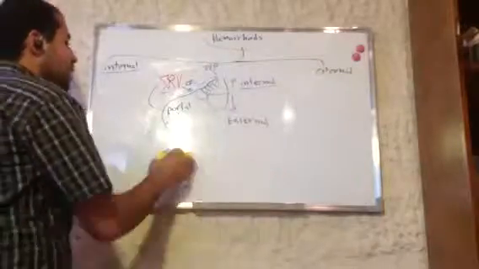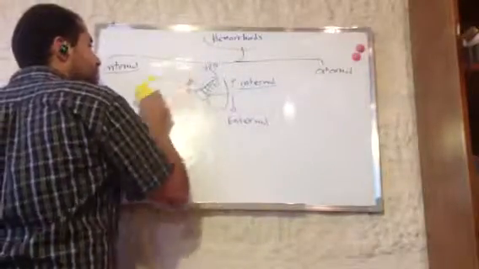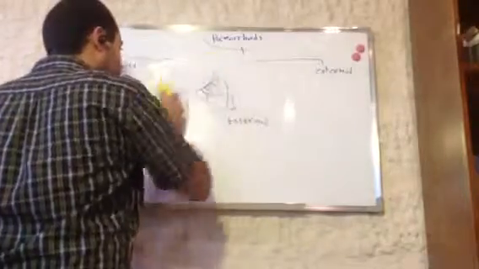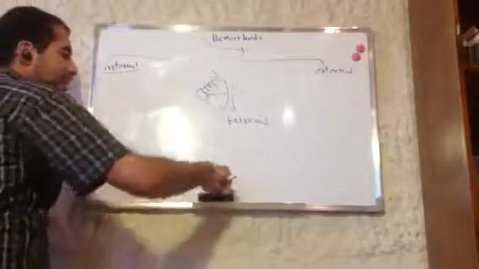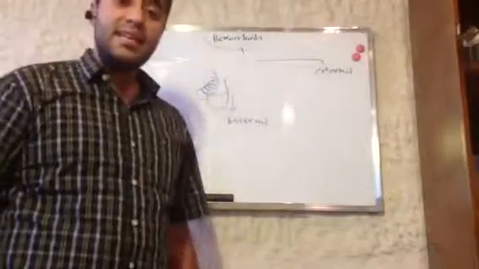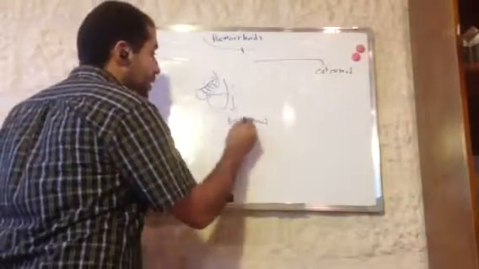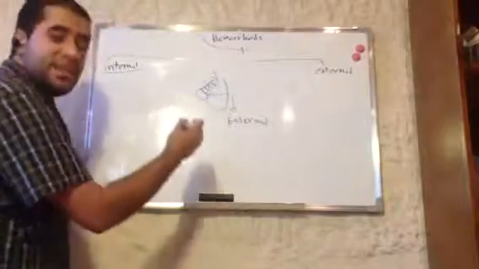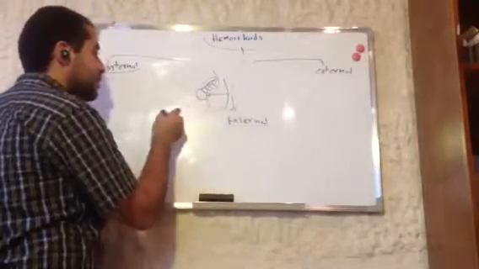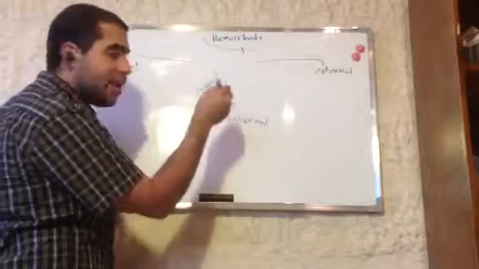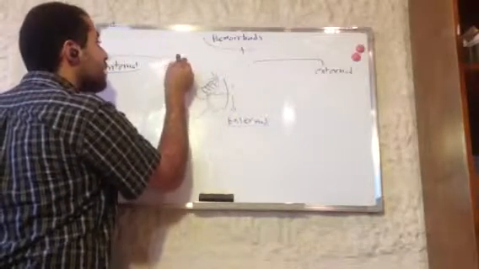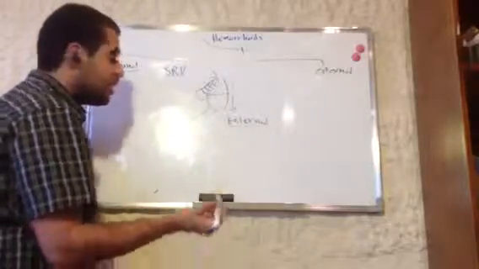Okay, what about the external hemorrhoid? The main vein that drains the area below the anorectal line is the inferior rectal vein. Above the anorectal line we said that the superior rectal vein is the main vein to drain.